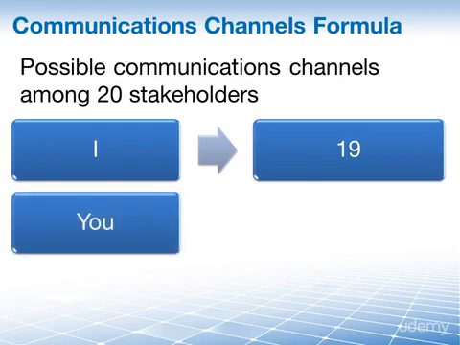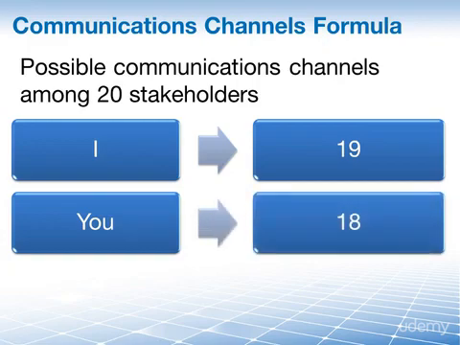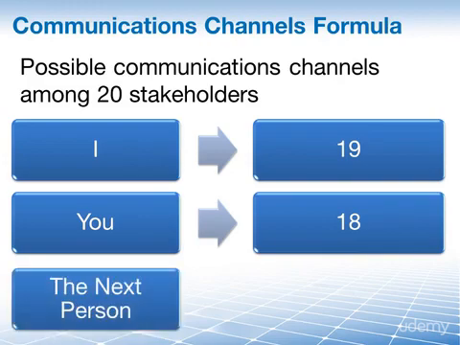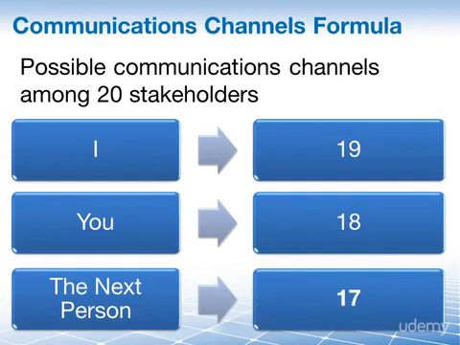You and I, we have already spoken because you and I are part of those 19 that you see. So that means you are going to have to speak to 18 other people in the team. And then the next person on the team will have 17 other people that they speak to because they've already spoken to you and I.